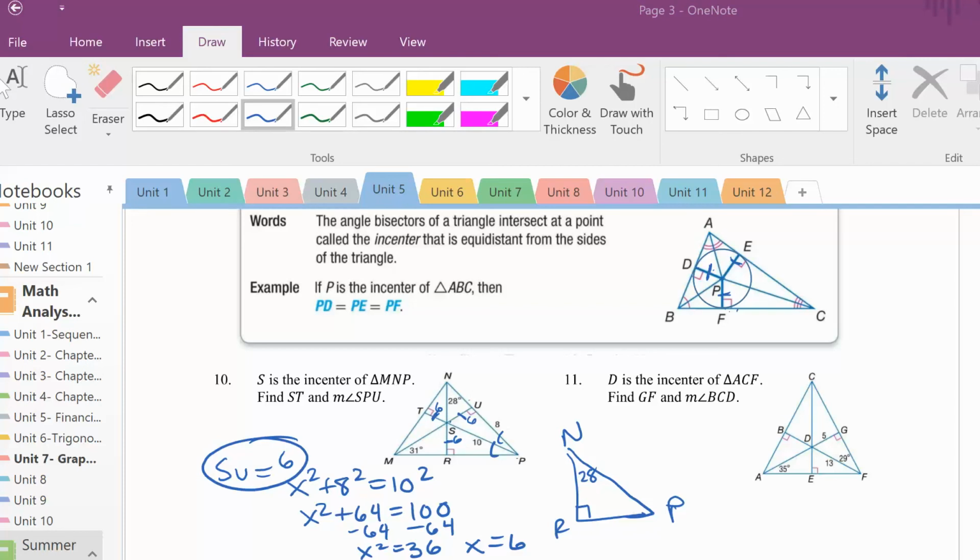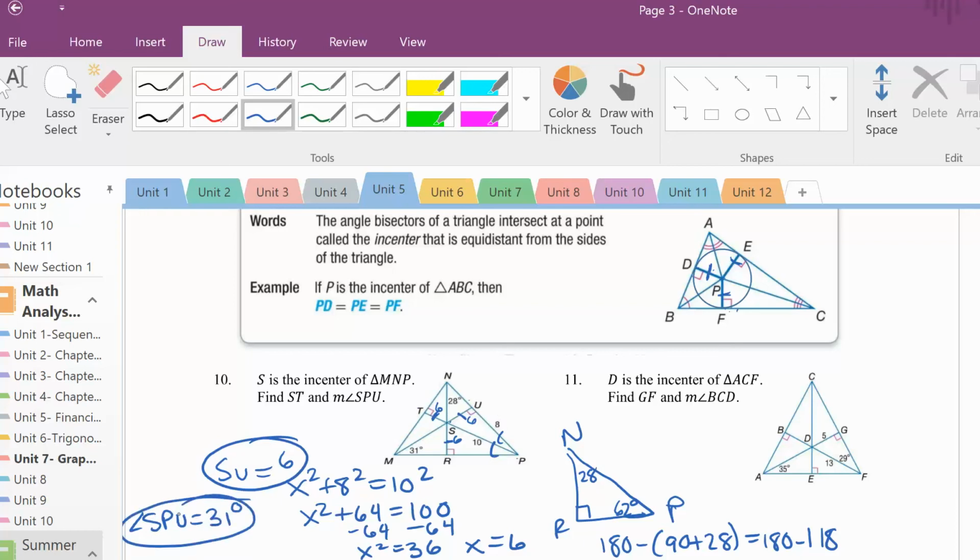All right, so 90, 28, so 180 minus 90 plus 28 equals 180 minus 118, which is 62. And since SPU is half of 62, angle SPU is equal to 31.